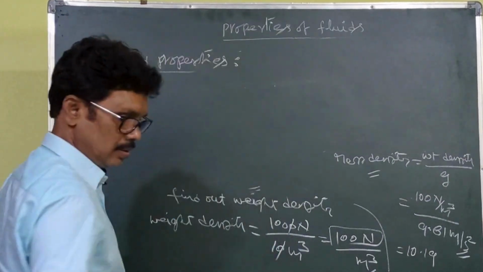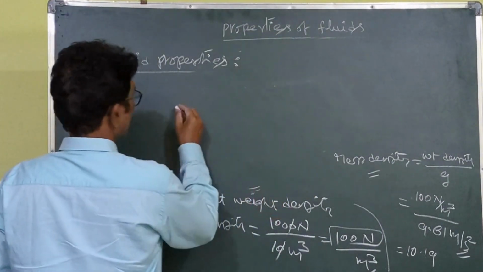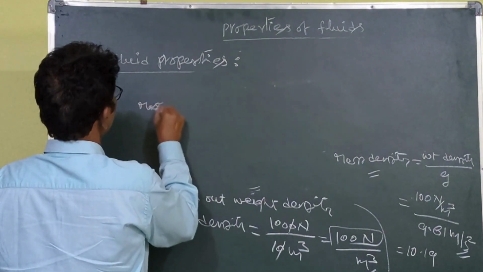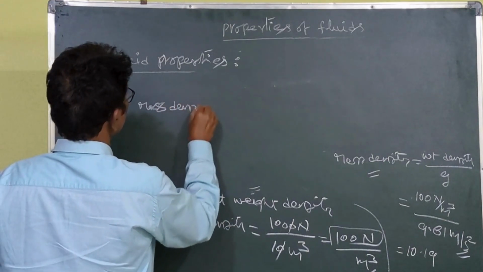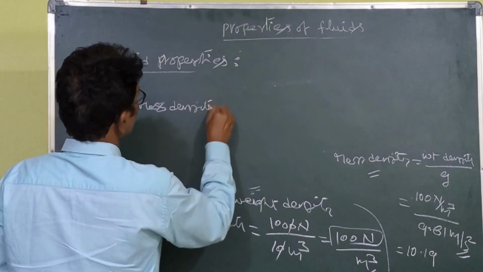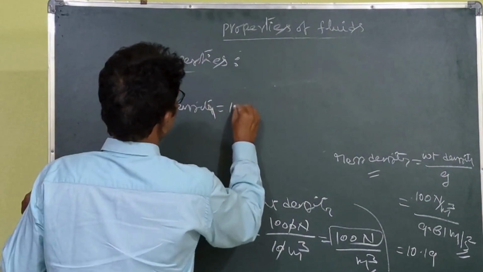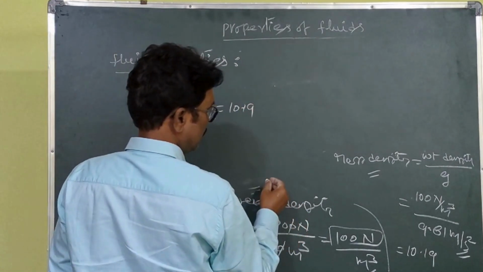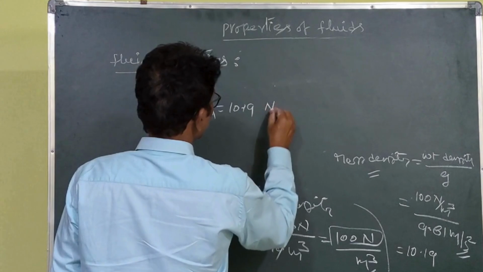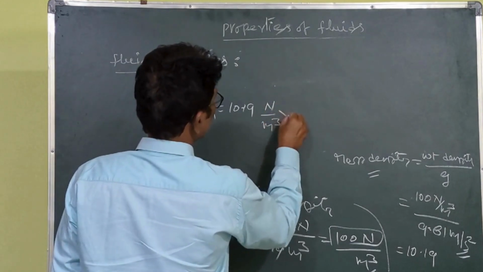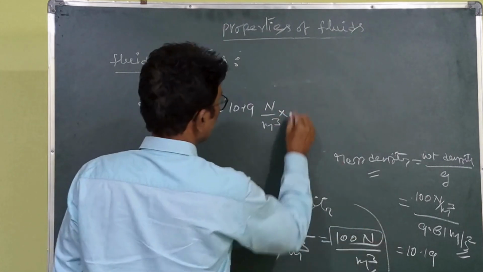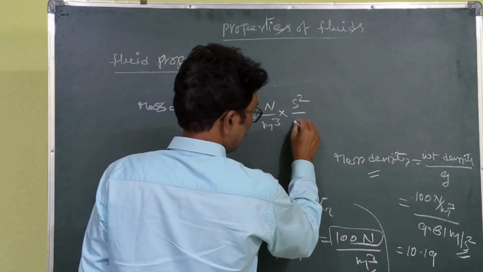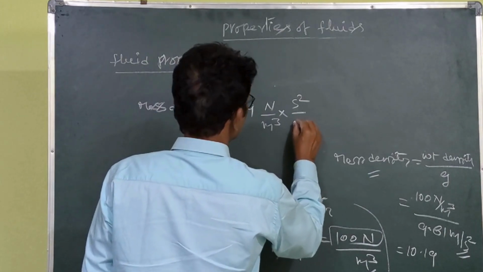If you see that, mass density is equal to 10.19. What is that? Newton per meter cube into second square per meter.